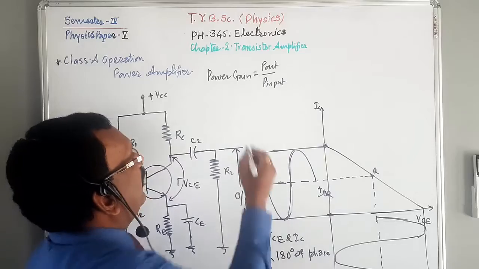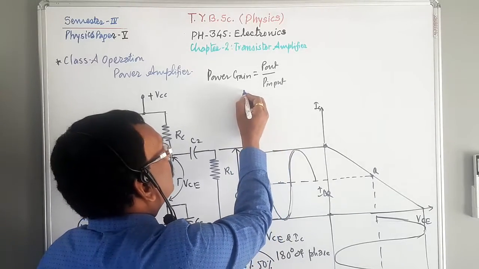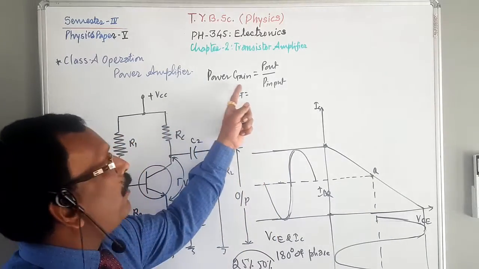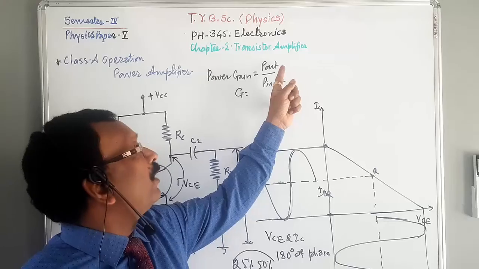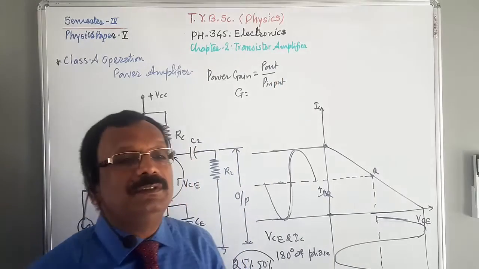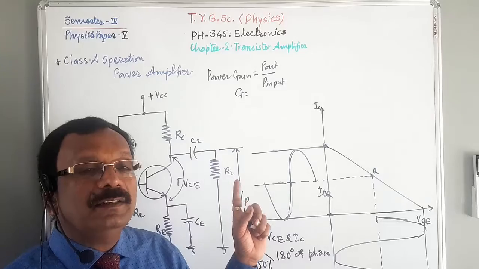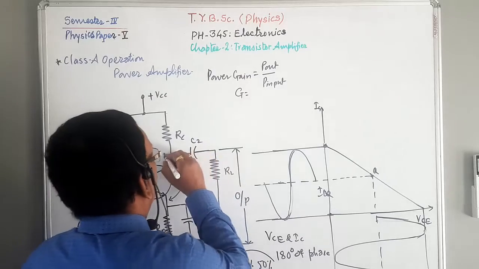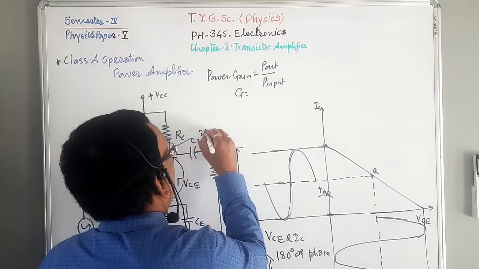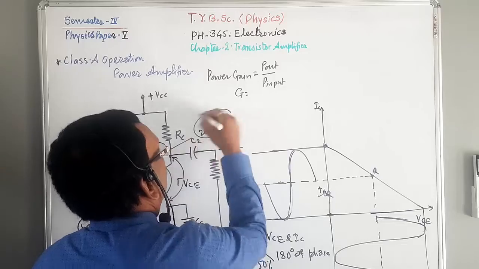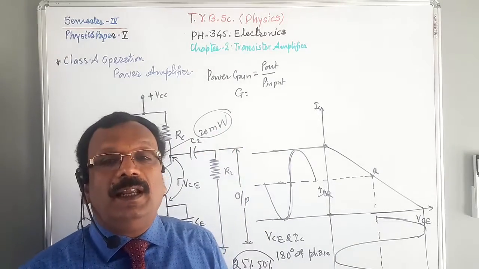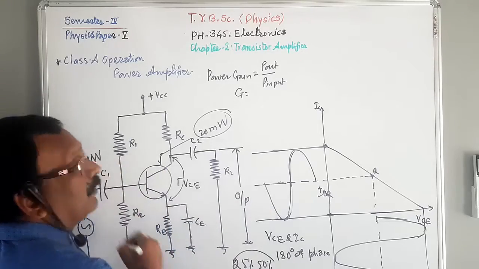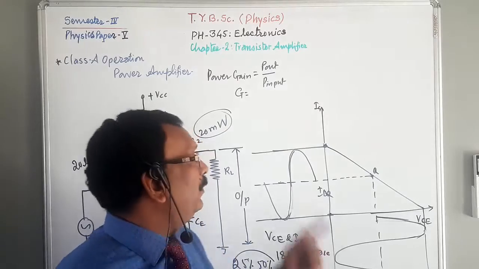Suppose the gain is G. If the amplifier in this figure has an output power of 20 milliwatt and an input power of 20 microwatt, then what will be the gain?